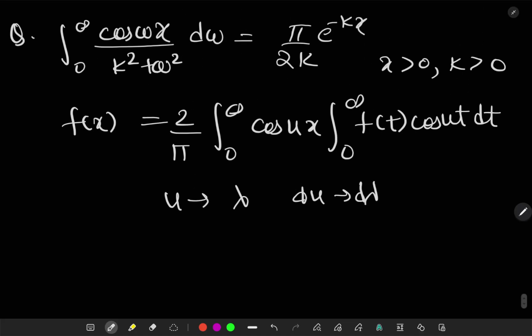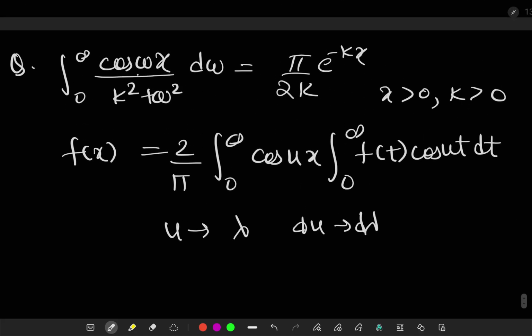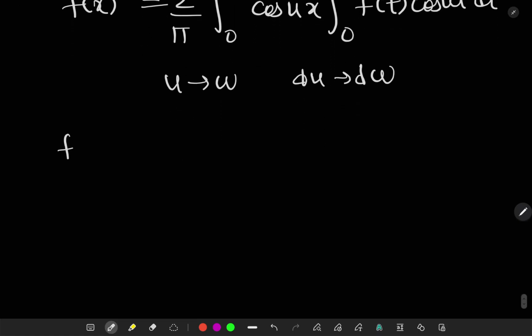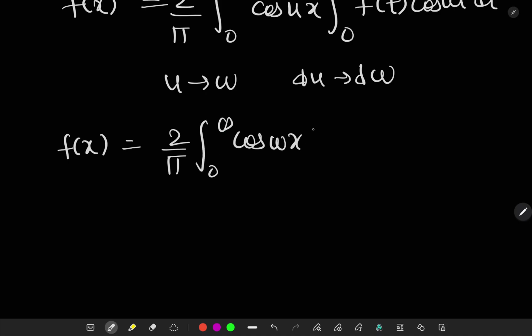Sorry, in this question there is omega w, so we put u as w and du dw. So f of x becomes this, cos wx dw integral 0 to infinity f t cos omega t dt.